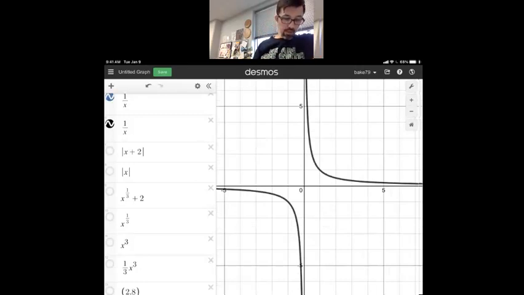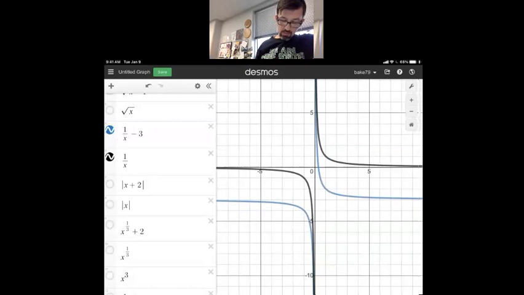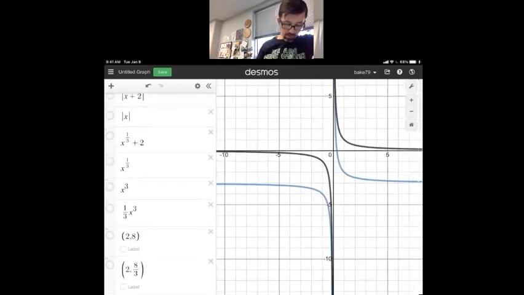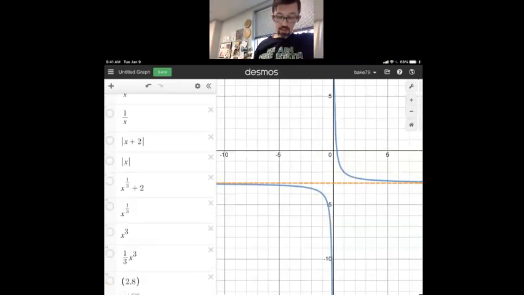Well, I want to take that and subtract 3 from it, so minus 3. It's a little hard to see what's happening here. Let me grab this. Here I've put in the line y equals negative 3, that horizontal line through negative 3. We can see that that is now the horizontal asymptote.